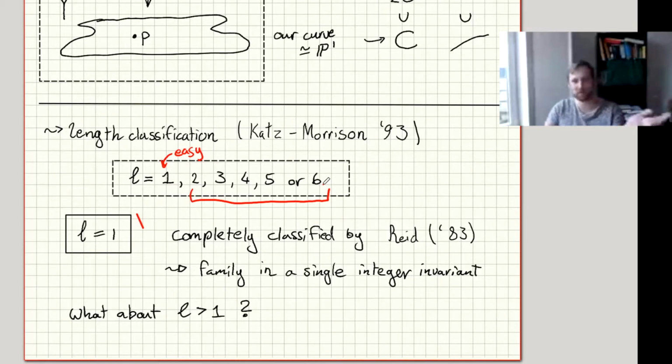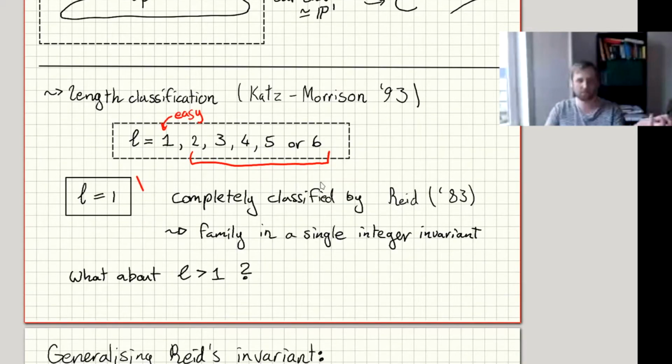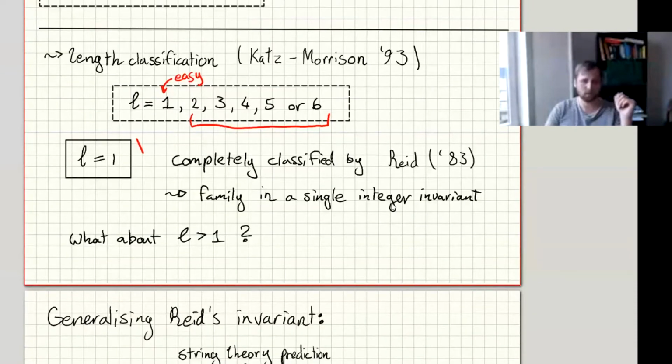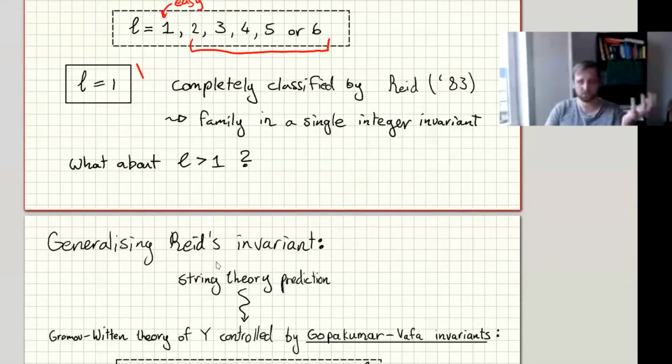So the natural thing to do is to start studying invariants of these spaces. And well, this integer invariant that Reid used to classify the length 1 flops can be generalized to something more intricate. So these are some invariants that come from string theory, or well, they're motivated by string theory at least.